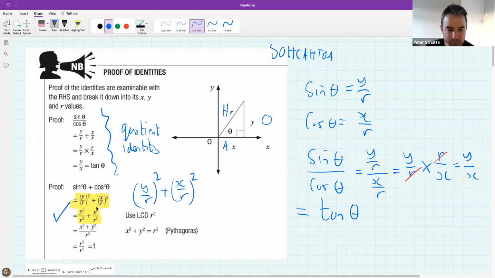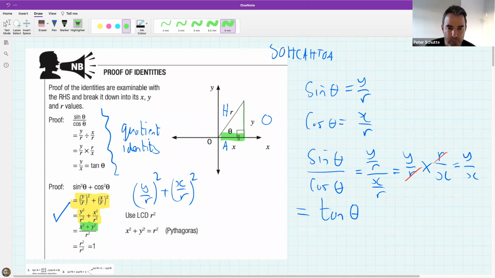Cool, cool. The next step is to notice that the denominator is the same. It's r squared and r squared. So I can keep the denominator r squared. On the top, I have x squared plus y squared. Then, well, here comes the clever bit. X squared plus y squared is from this right angle triangle. So there's x and there's y.